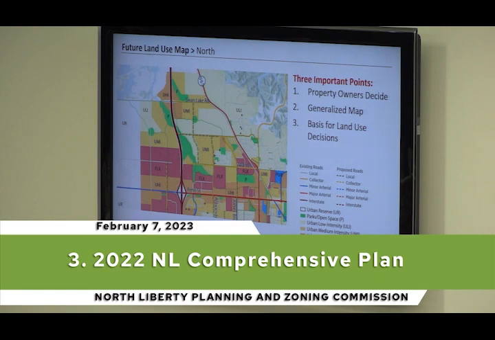Where the UHI district, the urban high intensity, borders mostly Penn Street, that's going to be more of your commercial, maybe commercial mixed use with residential, but primarily that highway commercial type development that you see along Penn and a lot of those core areas today.